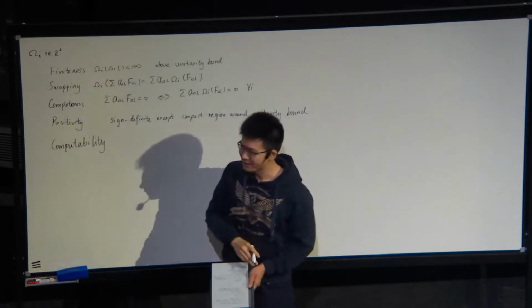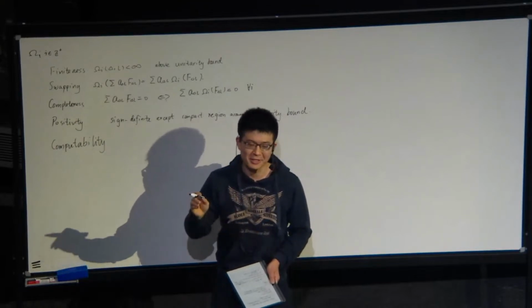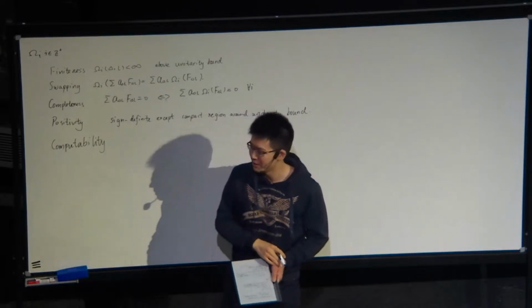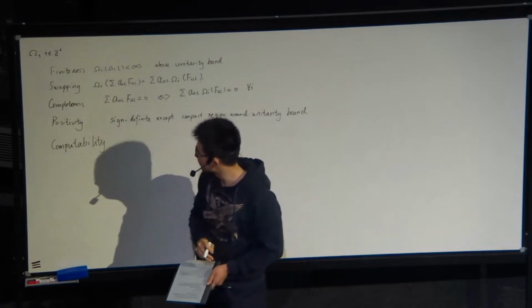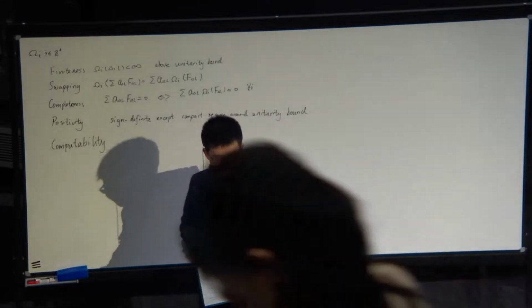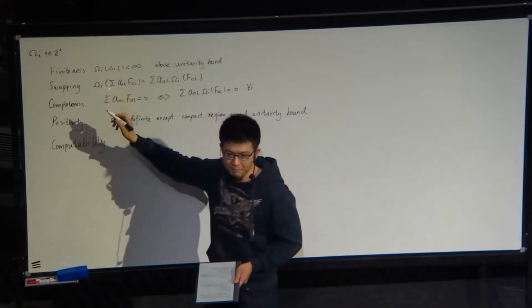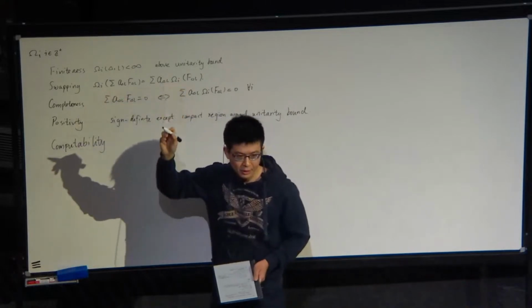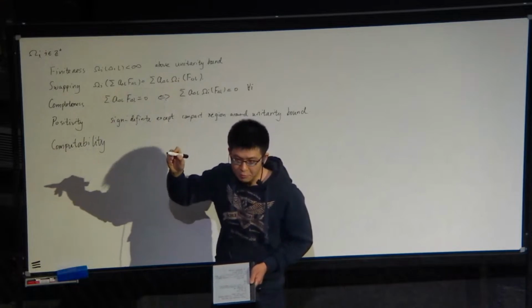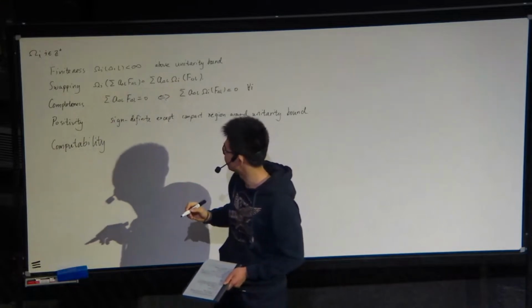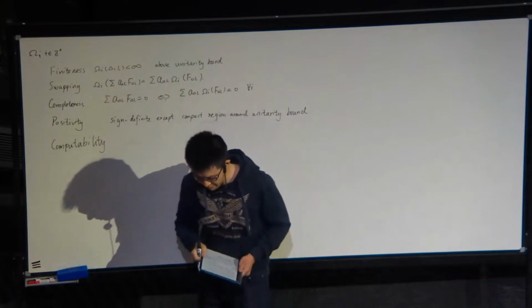So the first one is instant. It must be finite. We don't want to deal with infinite things in the numerics. The second one is also almost instant. That is, we want the functional action to pass over the infinite sum over the OPE expansion. The completeness is a deeper constraint.